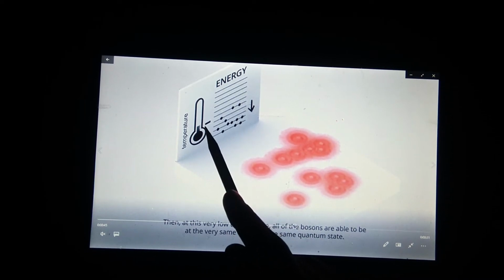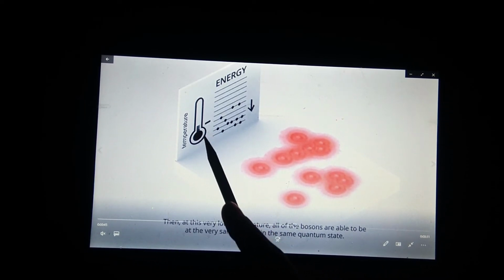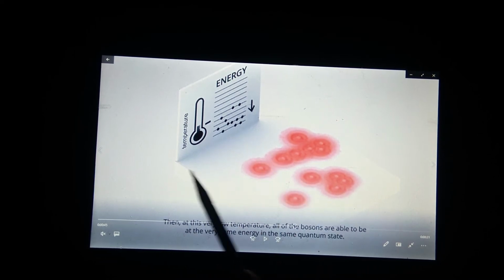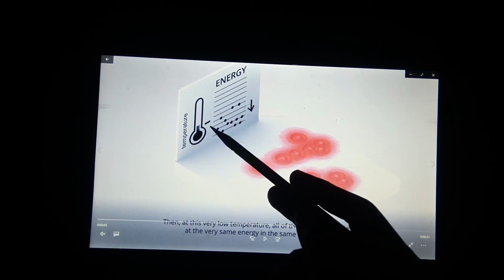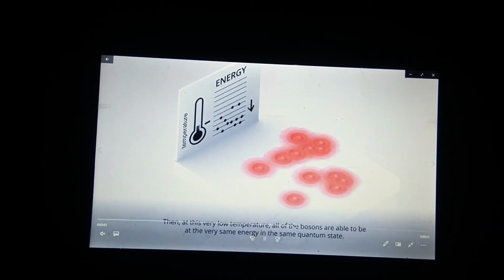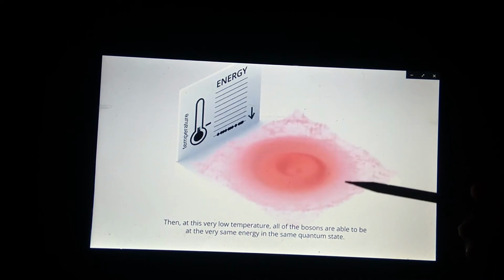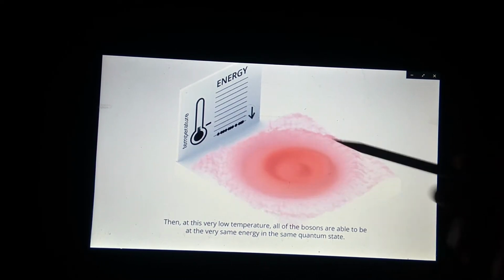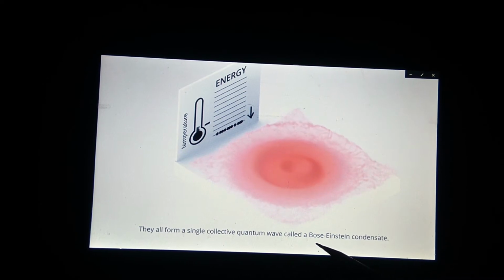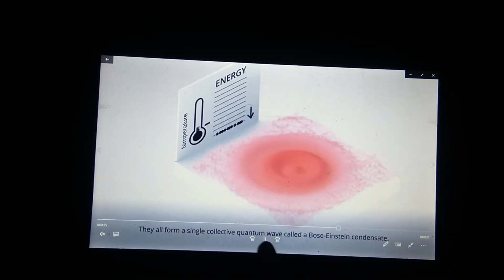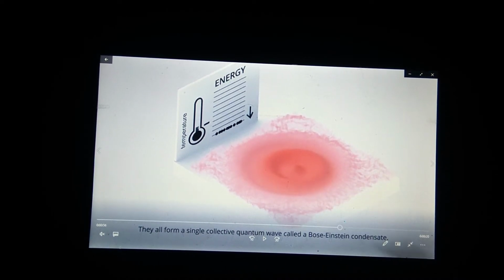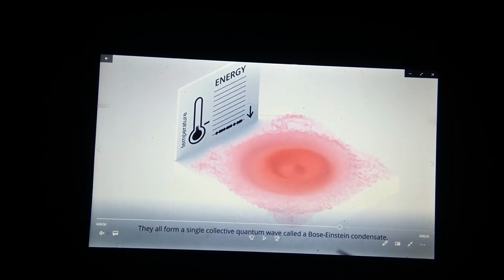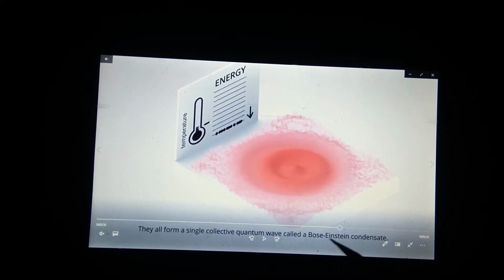But when we decrease the temperature below their degeneracy temperature, which we will talk about today, the bosons condense and form what is called a Bose Einstein condensate. It was found by Bose, an Indian mathematician, and Einstein, a well-known scientist. They both formed this concept, named Bose Einstein condensation.